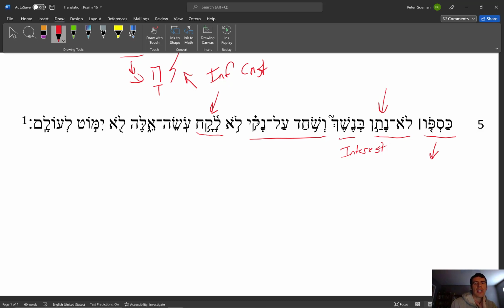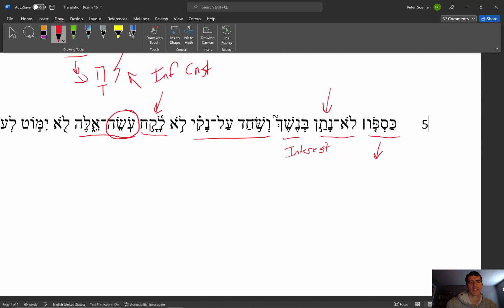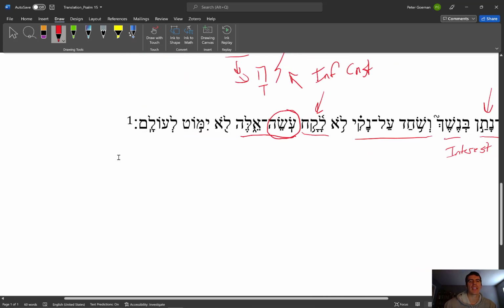And then you have a break here. This accent tells you a break, and the next one says the one who does these things. So this is a participle. Oseh, can you see? Yes. So oseh is a participle. So again, it's a substantive, as many of the Psalms participles are.